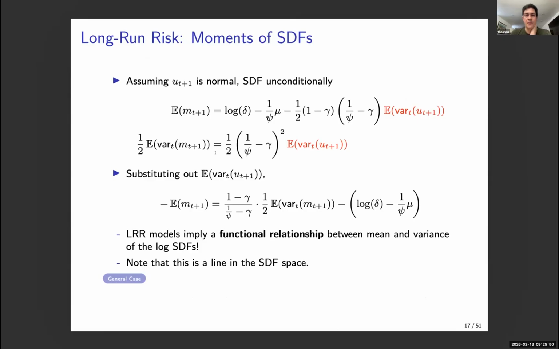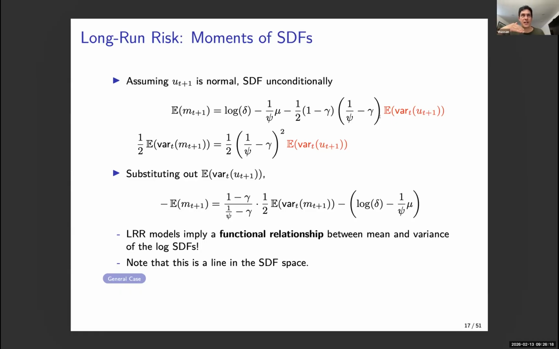And you can see from this that if utility is not CRRA, so if you don't have time separable utility, there's going to be a term here in both of these two that is the expected variance of utility going forward. Essentially, this is the part of the model that gives you a preference for early resolution of uncertainty.